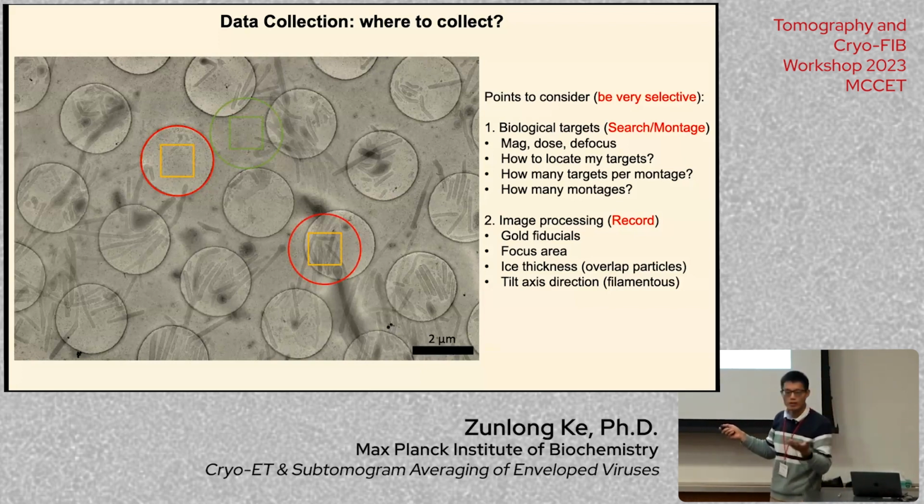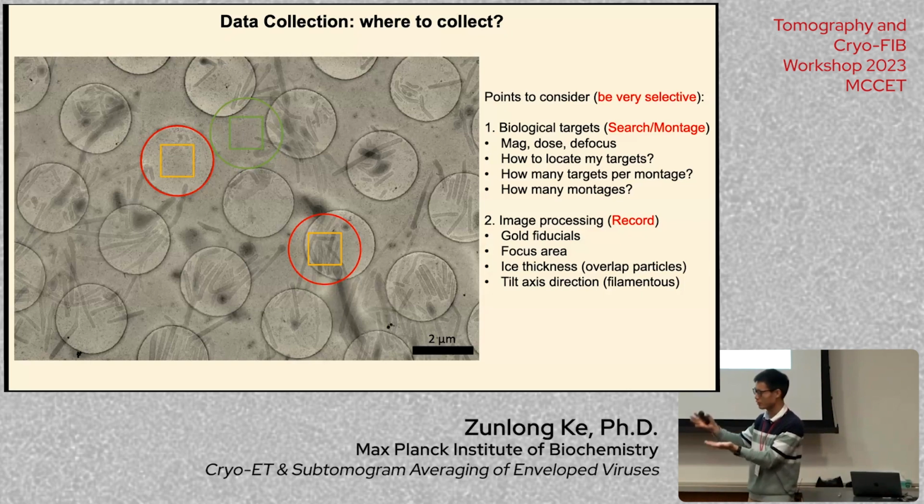I'm asking, why not? It's too dense. In what way? They're on top of each other, right? You can see projections of viral filaments on top of each other, indicating that the ice here is thick.